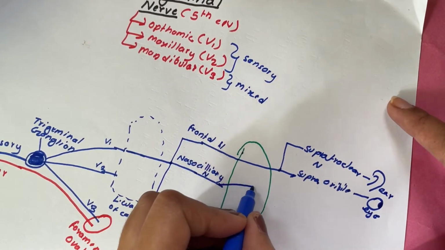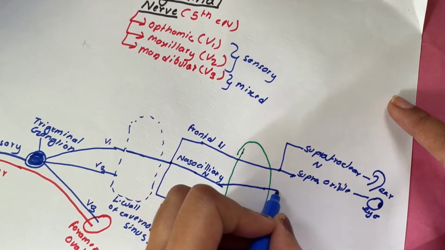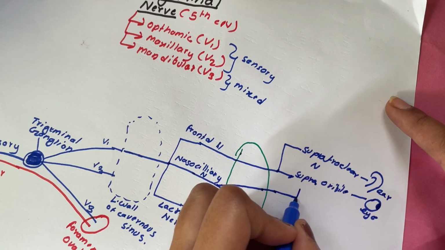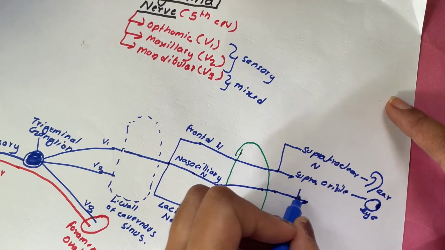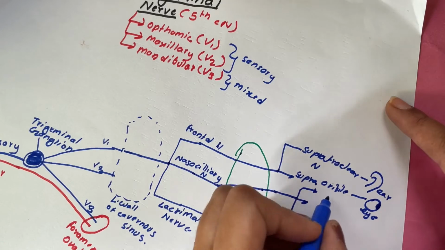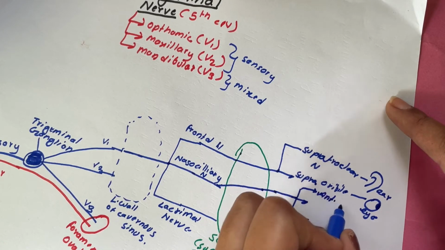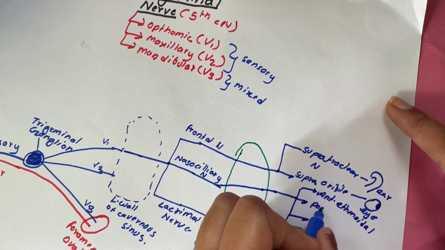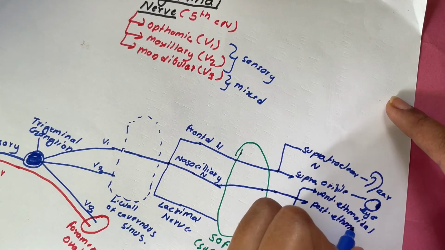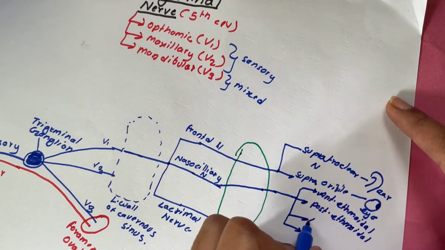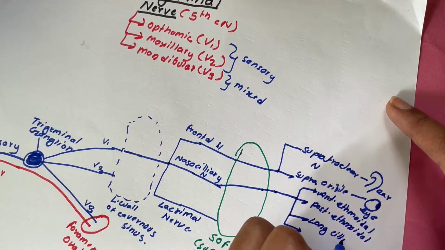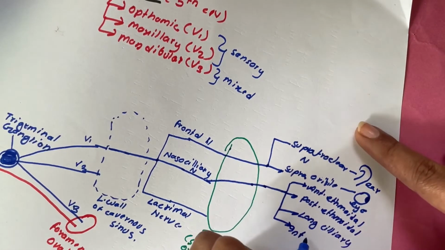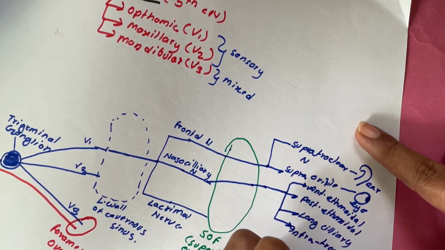And now the nasociliary nerve, after passing through the superior orbital fissure, gives 4 branches: anterior ethmoidal, posterior ethmoidal, long ciliary, and the last one is infratrochlear.